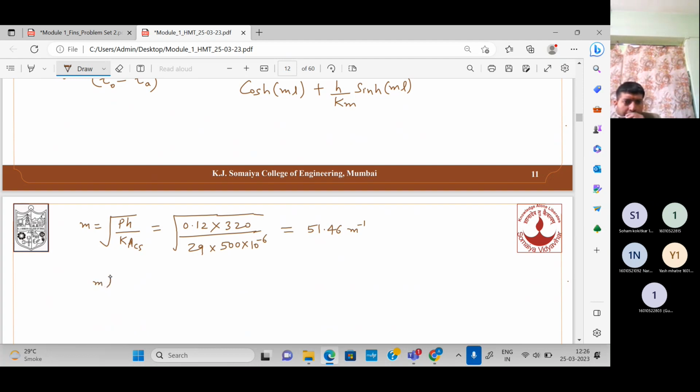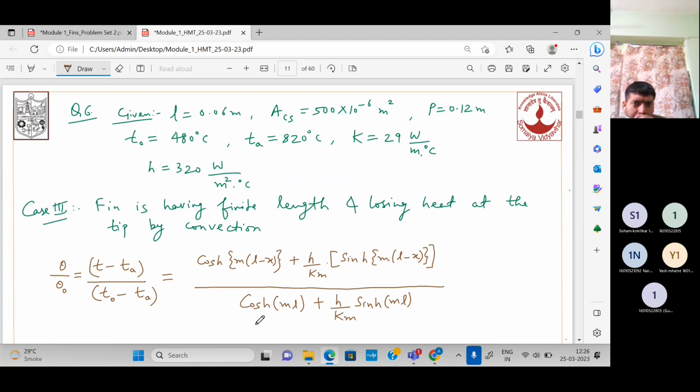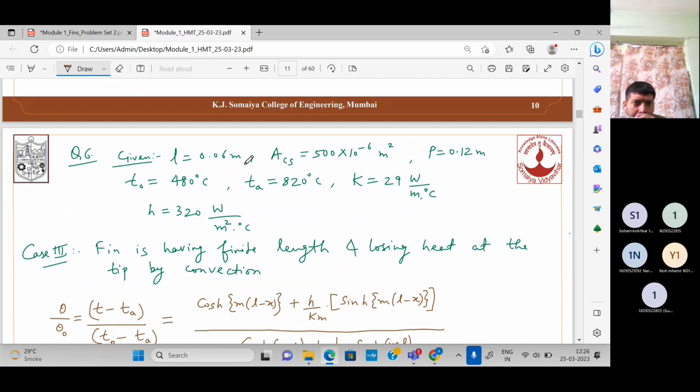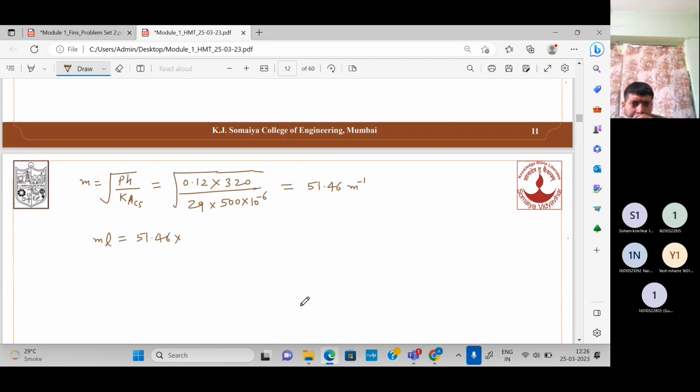Now we'll calculate mL. mL will be equal to 51.46 multiplied by length. What is the length given? Just see this. Length is 0.06 meters.